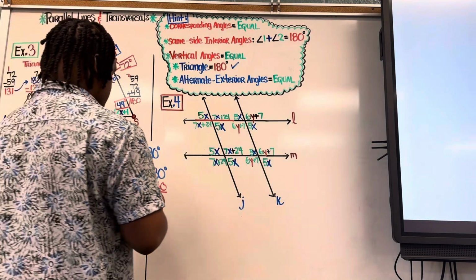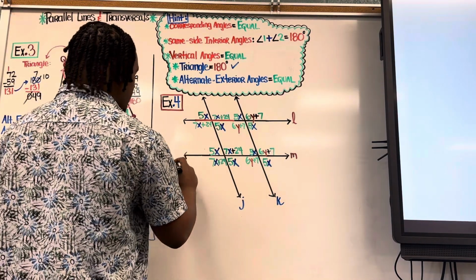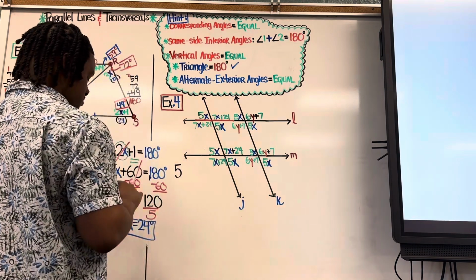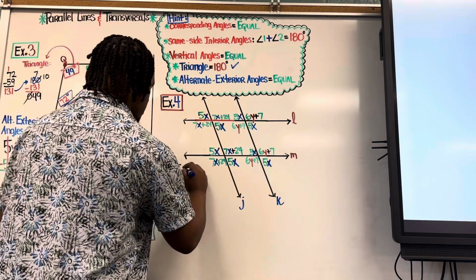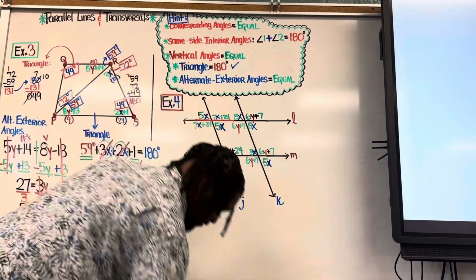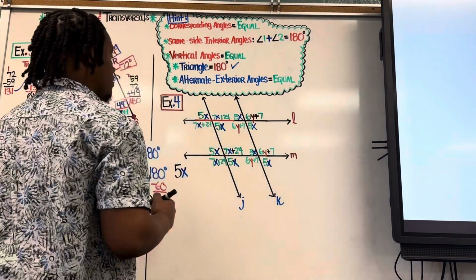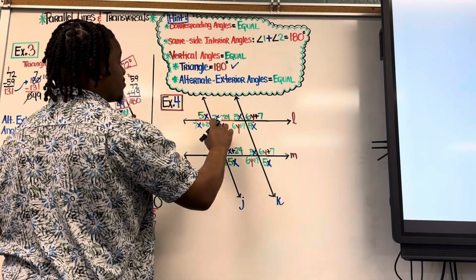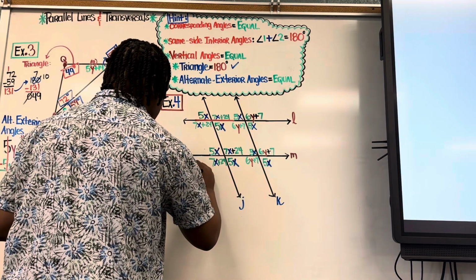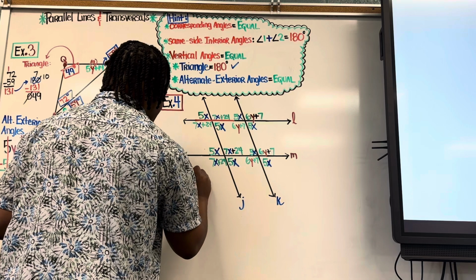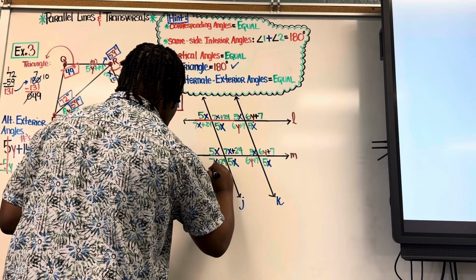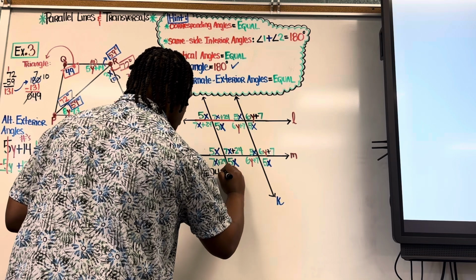So we can actually solve for x. So we're going to have 5x, oh, actually, I'm sorry, 5x plus, because added together they will both equal 180, my bad. So 5x plus 7x plus 24 equals 180.